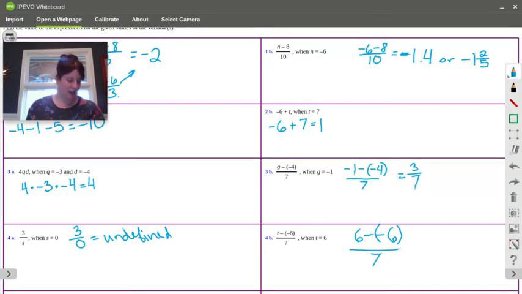And this time, I'm again going to use that mixed number button. And I end up with 1 5/7.